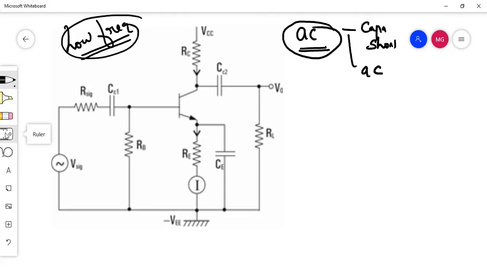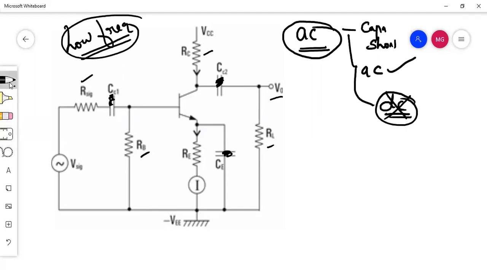Consider only AC and make DC a short circuit. We do not need to consider DC. In that case this capacitor will become short circuit, this capacitor short circuit, this capacitor short circuit. Only these elements remain. Let me show that figure.